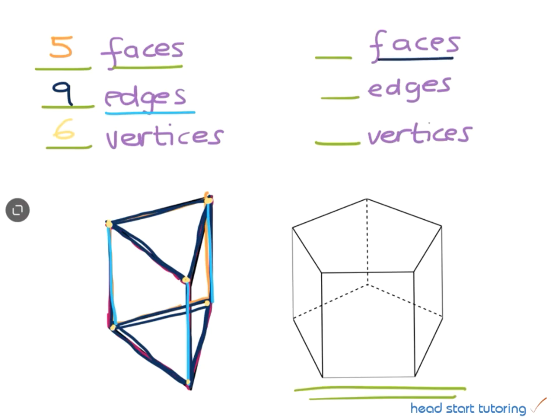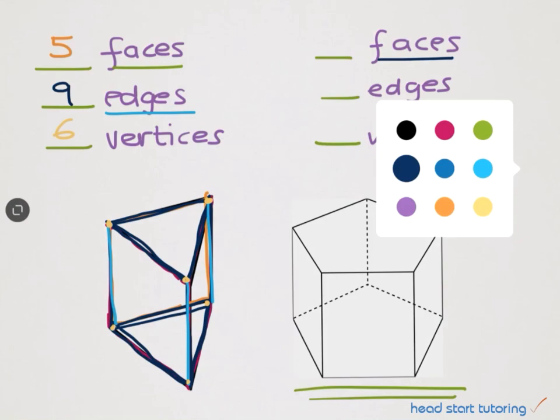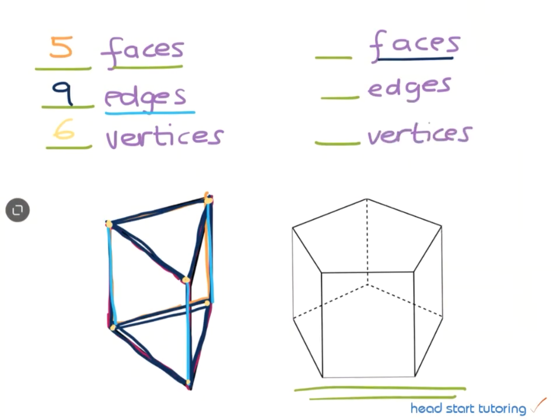How many faces does our pentagonal prism have? Let's first have a look at our bases of the pentagonal prism. So if we would like to identify our bases, it would be this pentagon here. Okay, so there's our one base, and this pentagon over there.